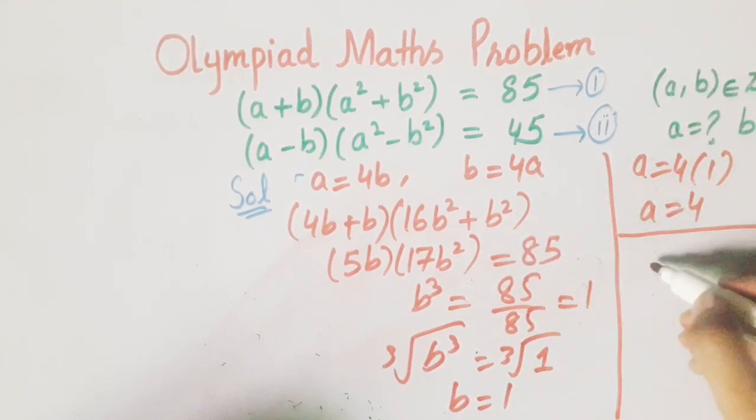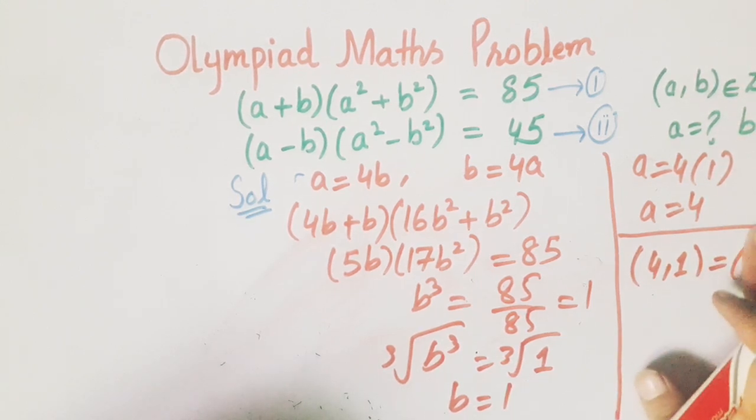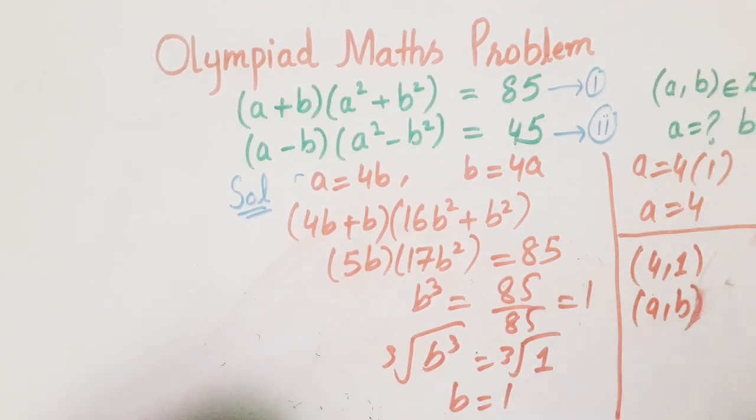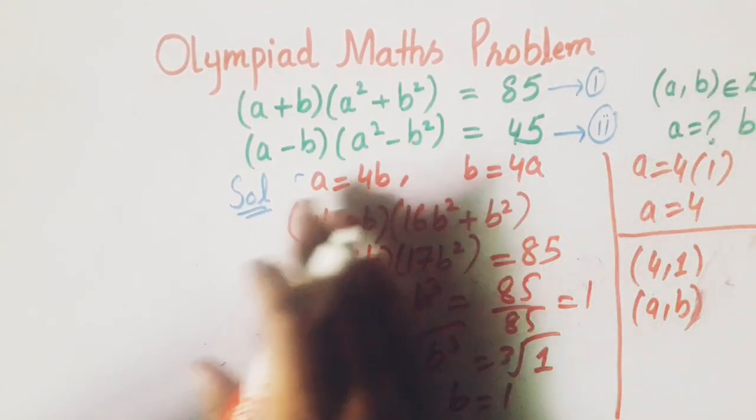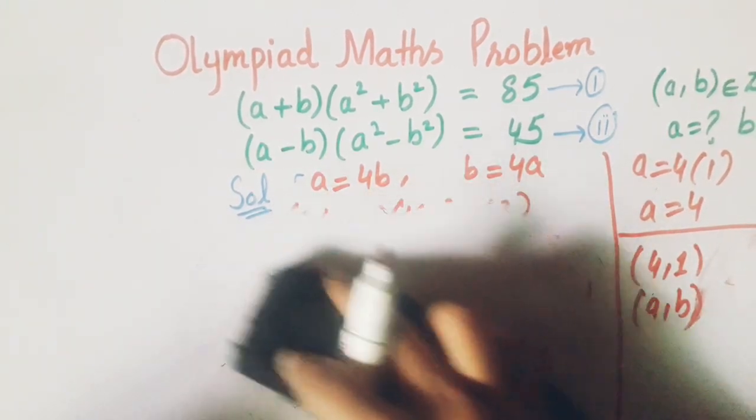And when a is 4, we can see that the ordered pair is 4 and 1. So 4 and 1 is basically the value of a and b. You can verify this by substituting the values in the other equation.